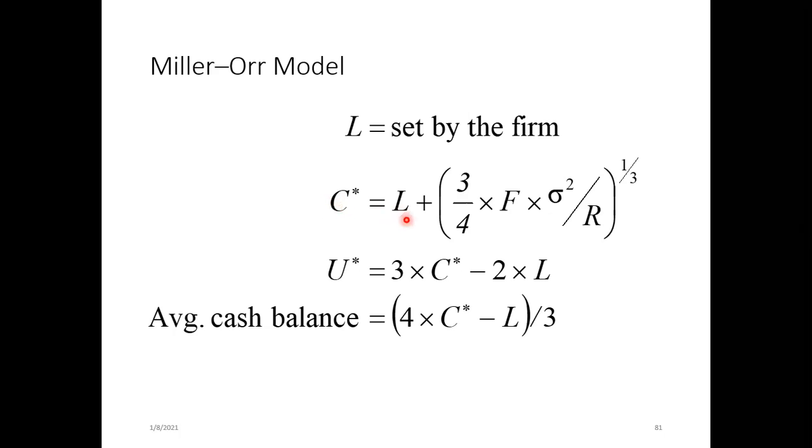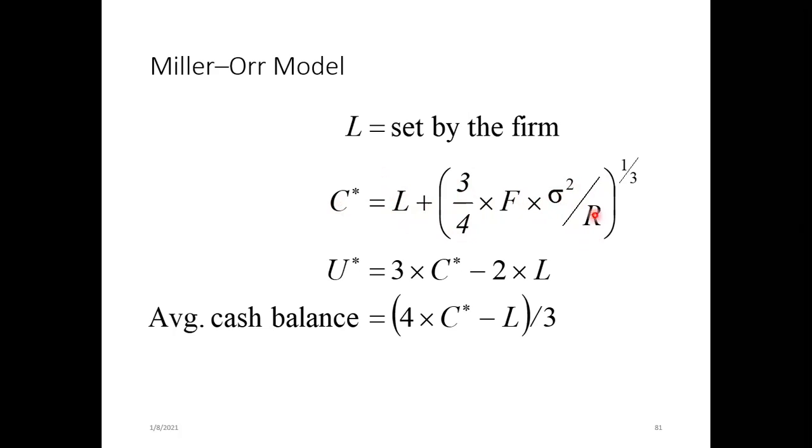It is equal to the lower limit plus three quarters, 3/4 times F, where F is the transaction cost, and the sigma squared is the variance, the standard deviation squared, right?